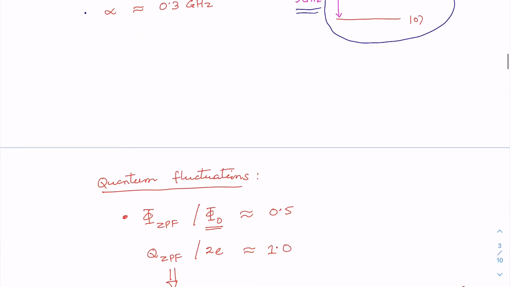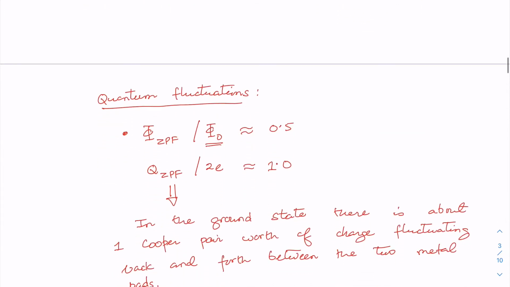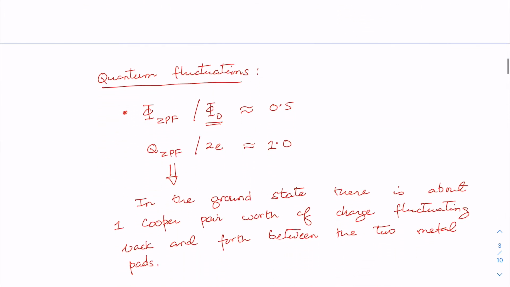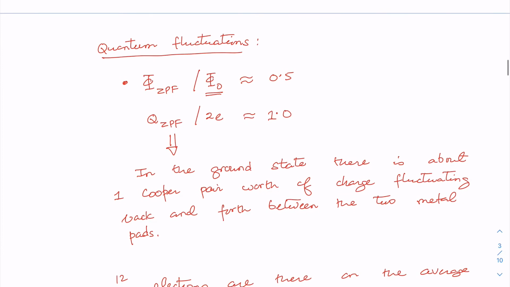It also turns out that there are quantum fluctuations in the flux and in the charge. The fluctuation in the flux is half a flux quantum, that is 0.5. On the other hand, the charge fluctuation is nearly 1 Cooper pair.